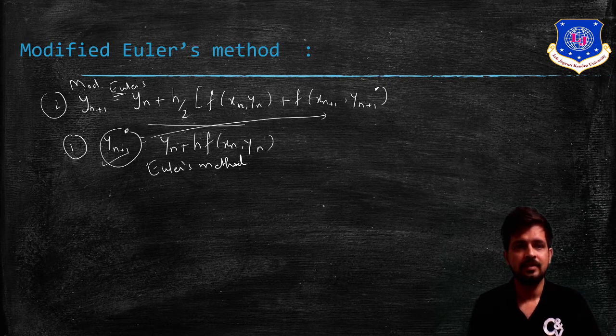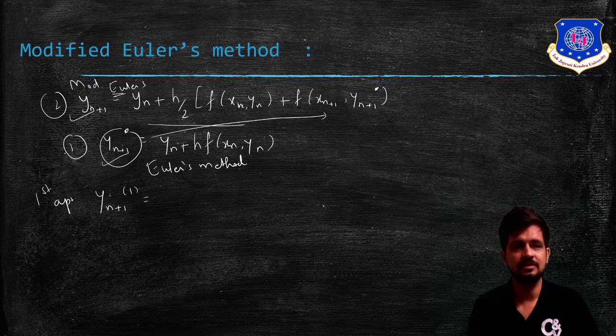In yn+1 there will be various approximations. For example, yn+1 superscript 1 is the first approximation of yn+1.